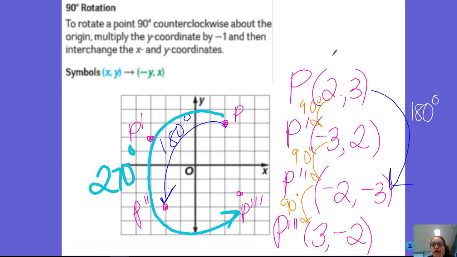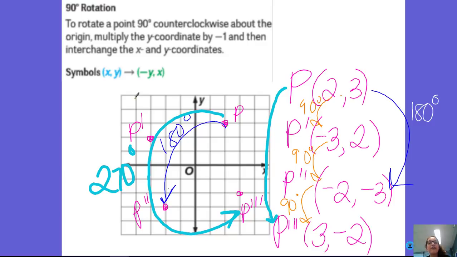So the rule for jumping straight from P to P triple prime is I would take my y coordinate, send it to the front unchanged, but I would change the sign of the x coordinate and send it to the back. So the big idea is I can rotate 90 degrees, 180 degrees, and 270 degrees, and there are 3 different rules for them.